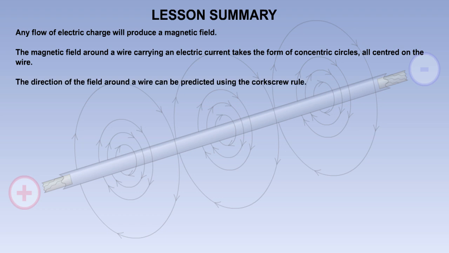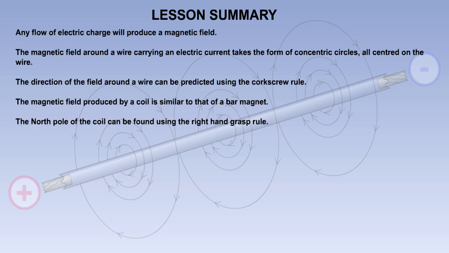The direction of the field around a wire can be predicted using the corkscrew rule. The magnetic field produced by a coil is similar to that of a bar magnet. The north pole of the coil can be found using the right-hand grasp rule.